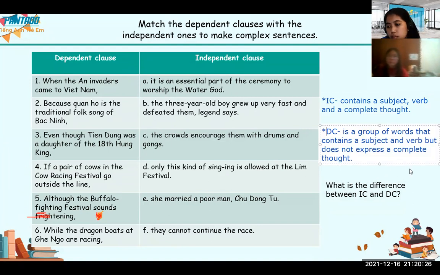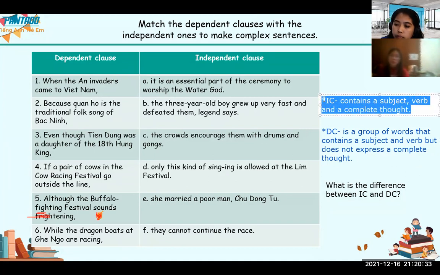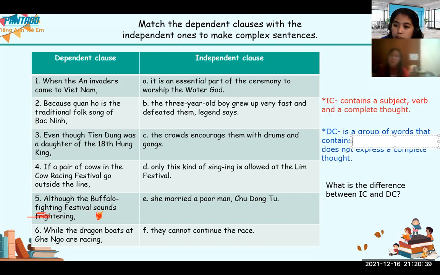Yes, what's your answer, Ngok? A group of words that contains a subject and verb but does not express a complete thought.